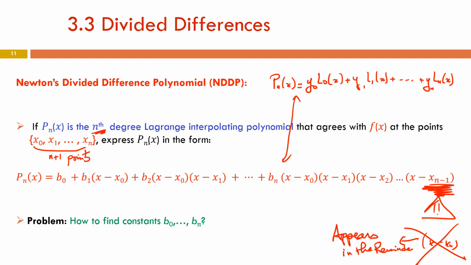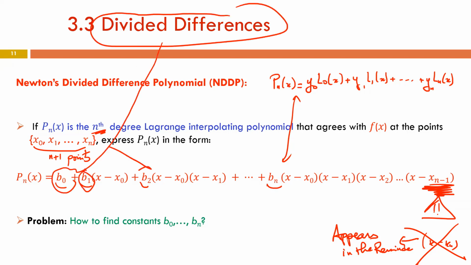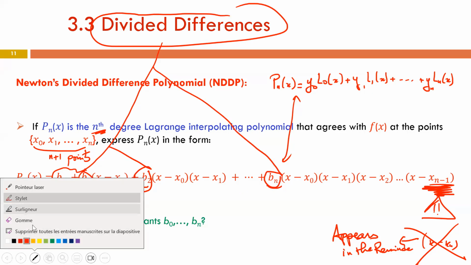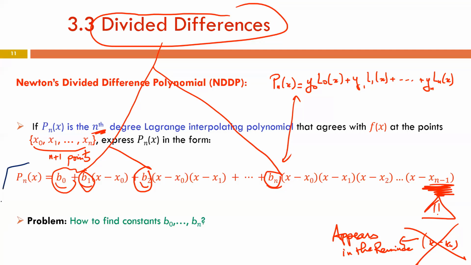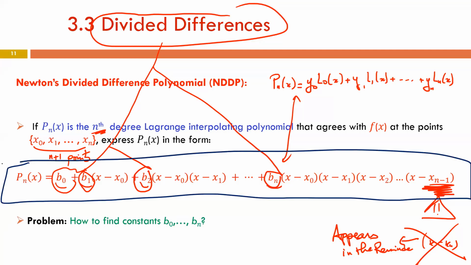The question is, what are these constants b0, b1, b2, and bn? This is what we call divided differences. This way of writing the interpolation polynomial is called the NDDP.